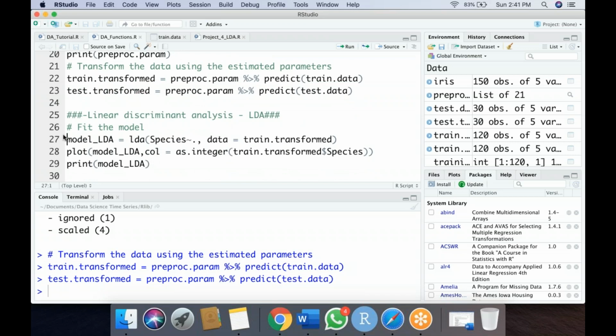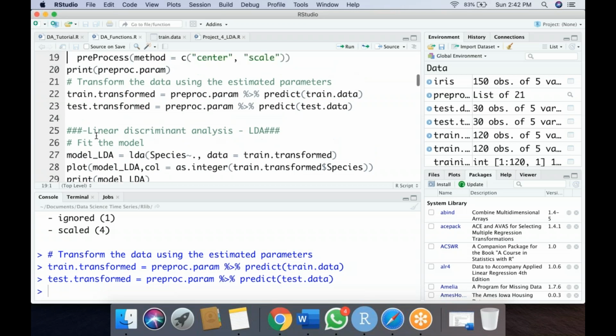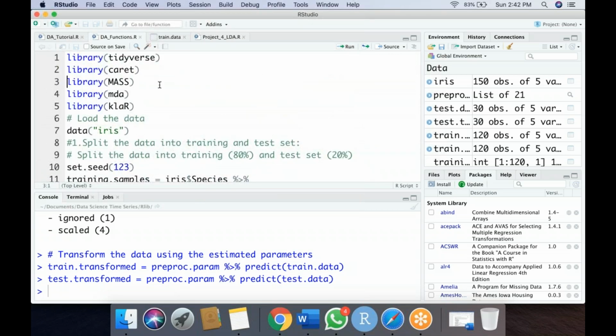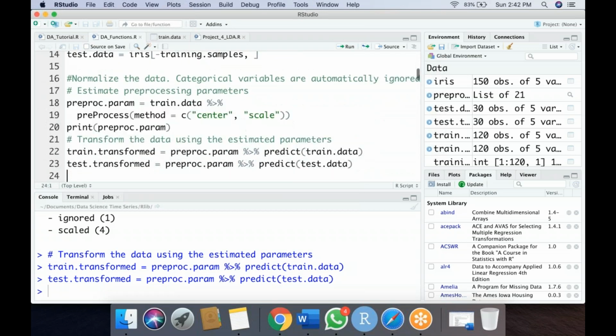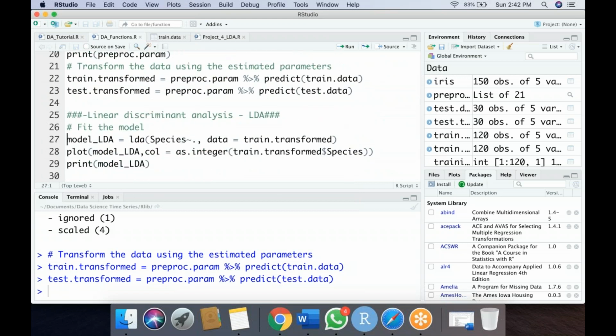Now, to create an LDA model under the package MASS, there is an lda function. We are going to write the lda function, and it's a very simple function, very similar to our learning of previous regression models.